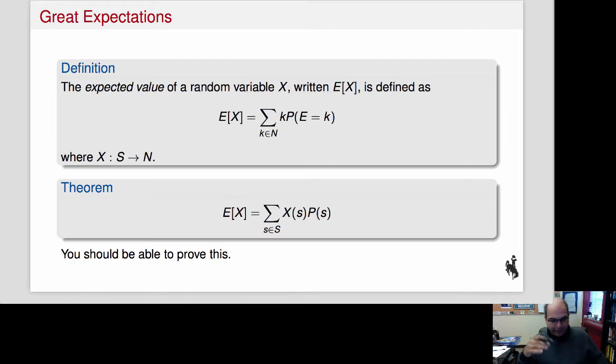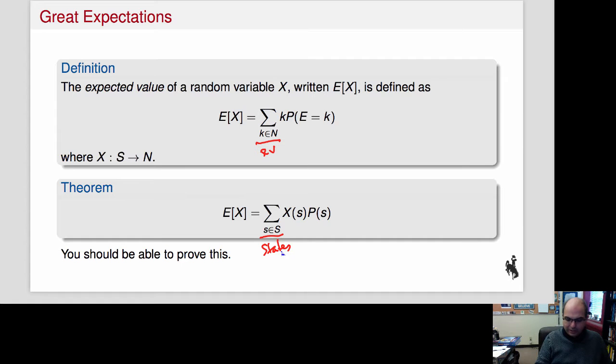And now here's an interesting theorem. The way that we did the summation was we summed over the output of the random variable. The random variable gave me a 2 up to a 12. Here's a different way of doing it. Instead of summing over the random variable, I'm summing over the states.